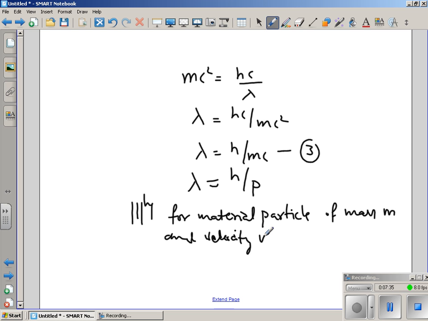The wavelength of the wave associated with the particle is h by mv in this case, or h by p.